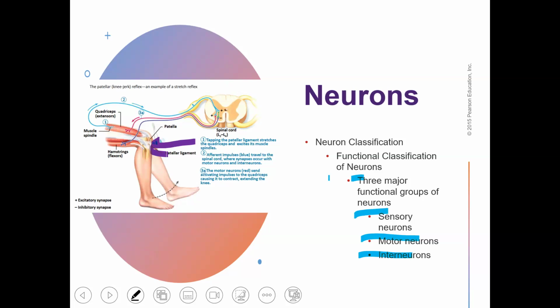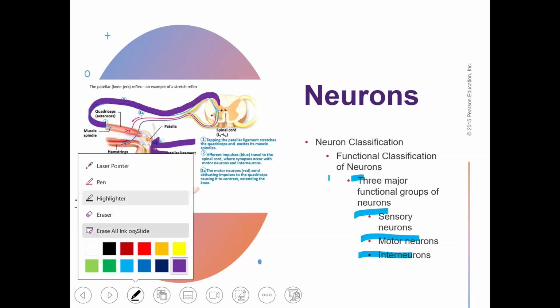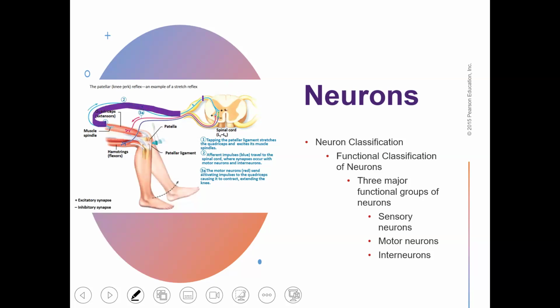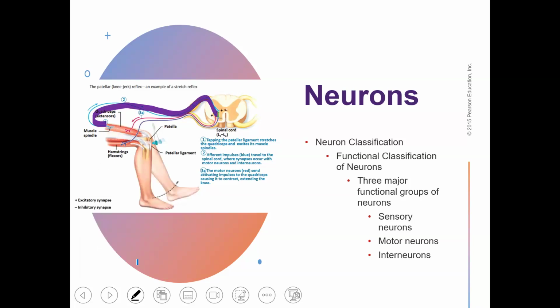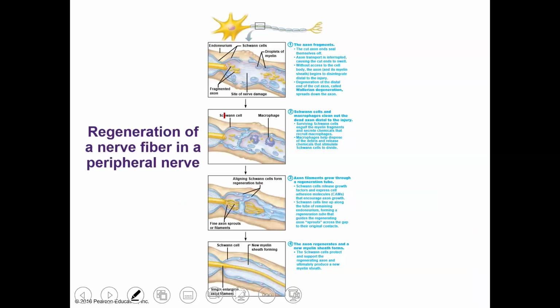We see this sensory information coming in through the dorsal aspect of the spinal cord, right through here. Then you see this quick little reflex with the motor component. So you saw sensory and motor. Sometimes you'll see an interneuron, and we'll take a look at that in another area.